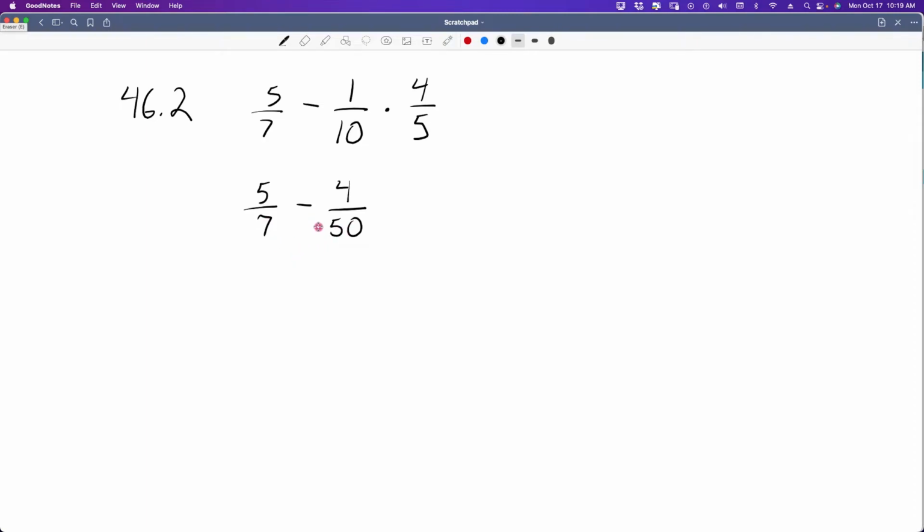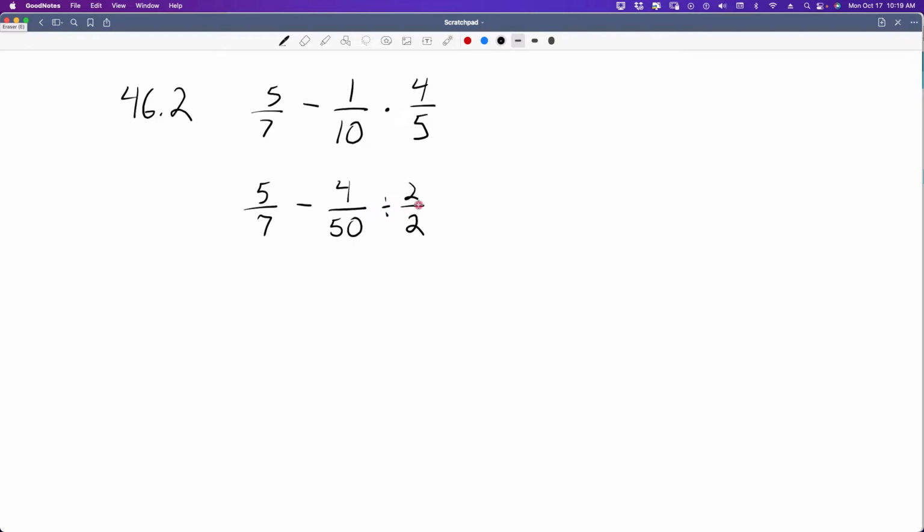Here's the thing. When you have a fraction like this, and you can reduce it, especially when you have to find a common denominator, it is always a good idea to go ahead and reduce any fraction that you can before finding that common denominator. So I'm going to reduce this. I know that I can divide 50 by 2, and I know I can divide 4 by 2. So I'm going to divide both of these by 2, right?